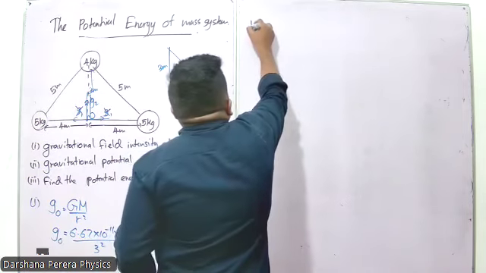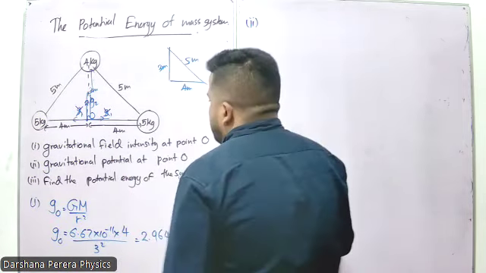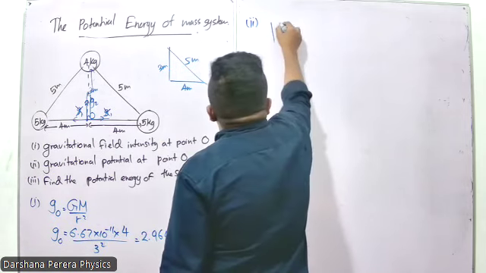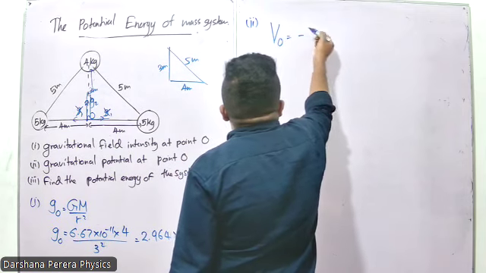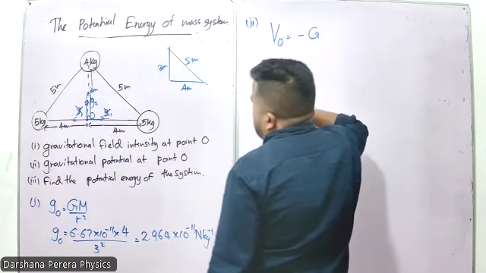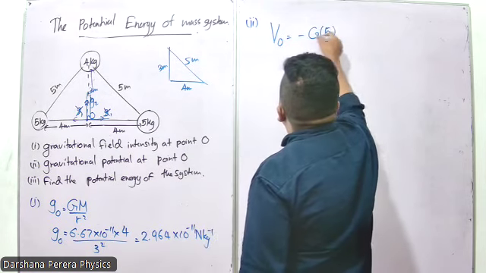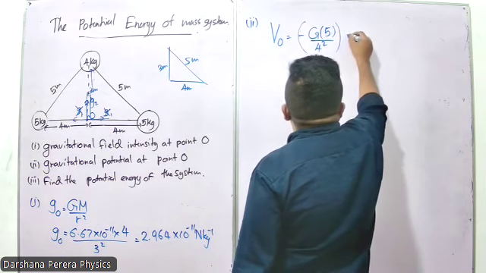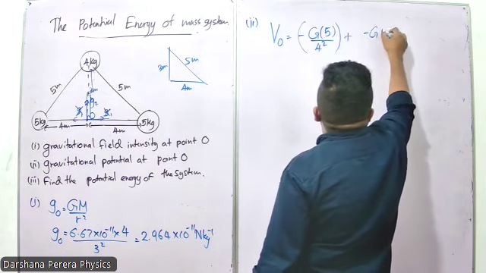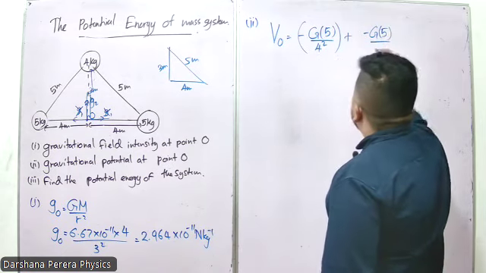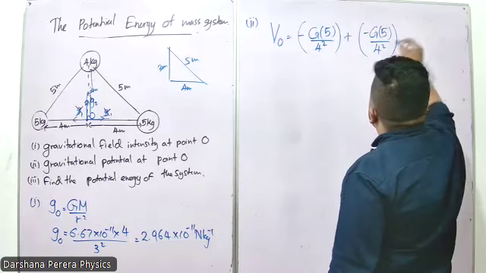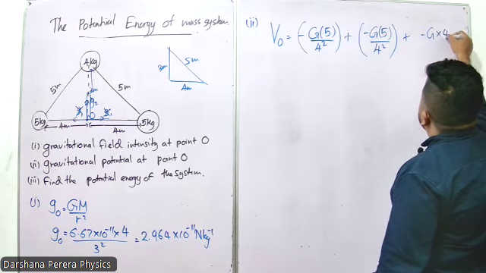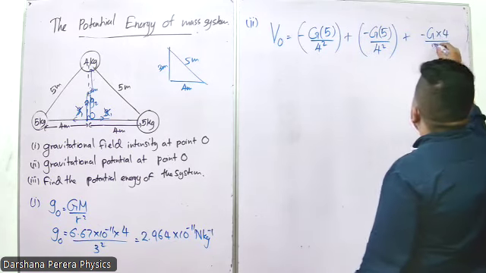So number 2, gravitational potential at point O. Then I can find VO equals minus G m over r, mean 5 over 4, plus minus G m over r, mean 4, plus minus G m over r, mean 3.